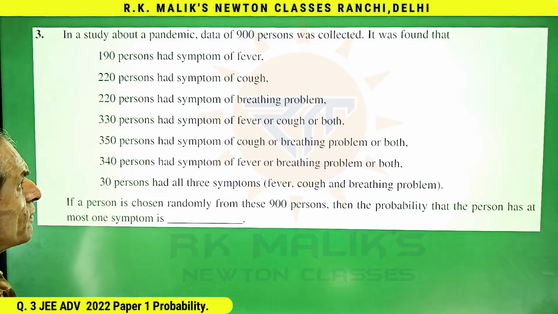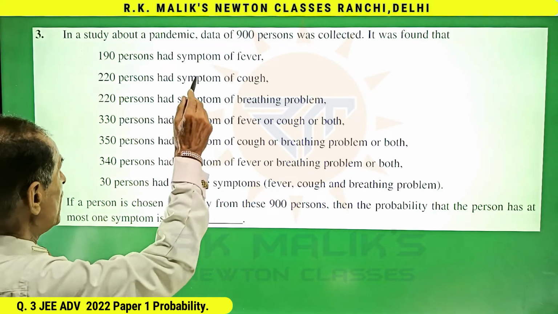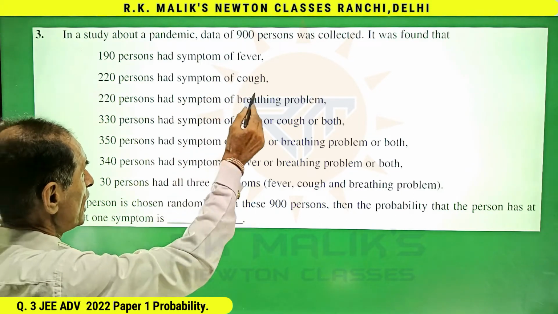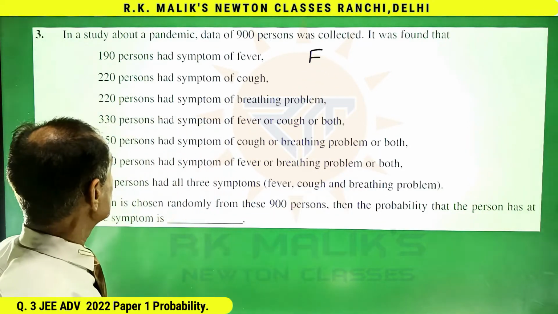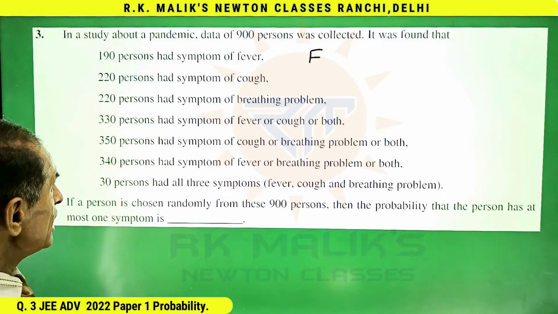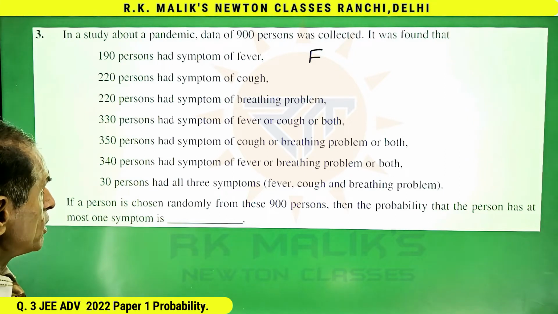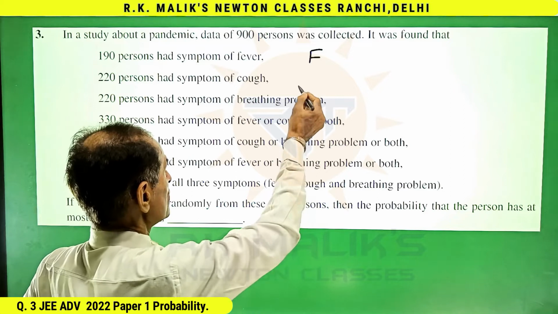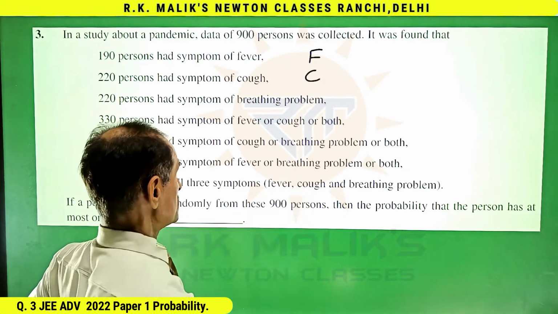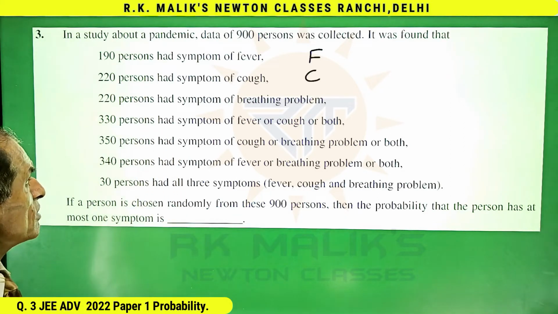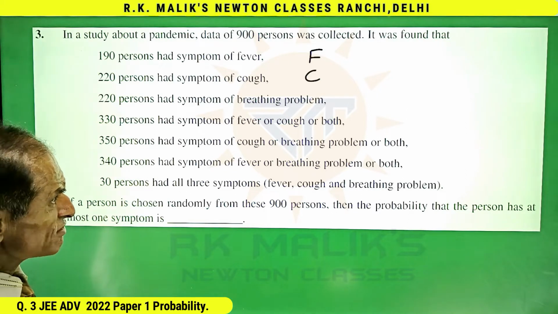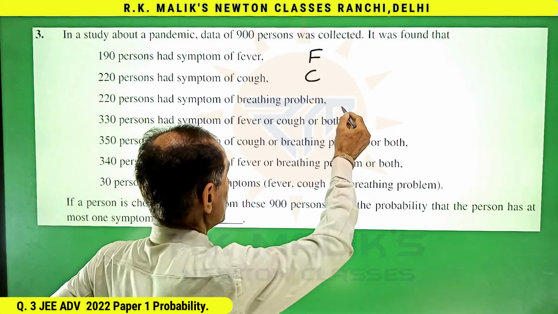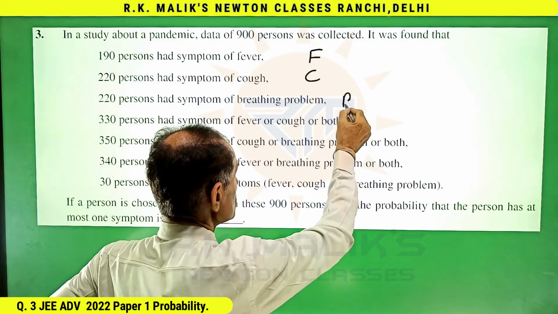To proceed further, I will denote the set of persons having symptom of fever as the set F, the set of persons having symptom of cough by C, and the set of persons having breathing problem by B.